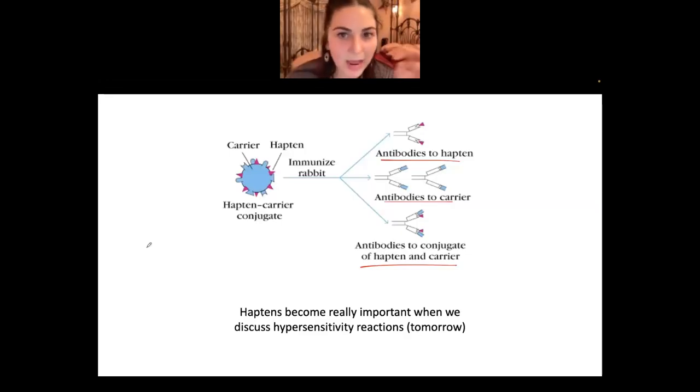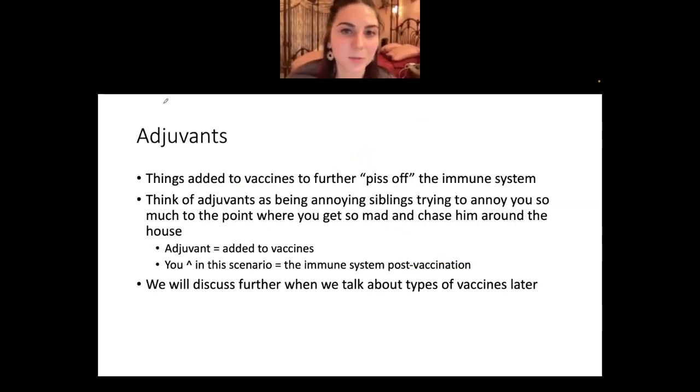This concept of haptens becomes really important with hypersensitivity reactions, because there's a specific type of hypersensitivity you get after vaccination. And this is why you get these antibody responses to these haptens. But we'll talk about that tomorrow. So those are haptens. You get 3 types when you inject them.